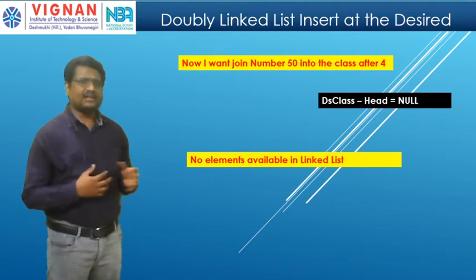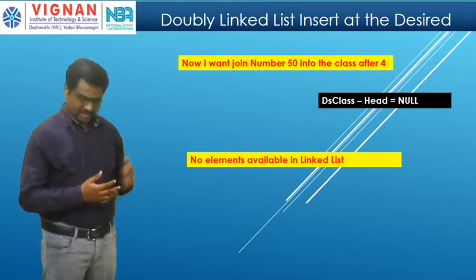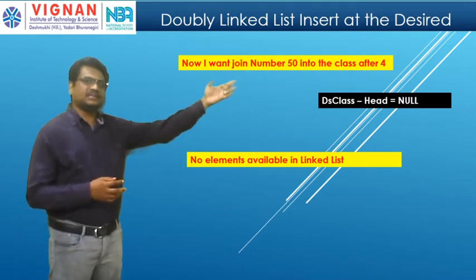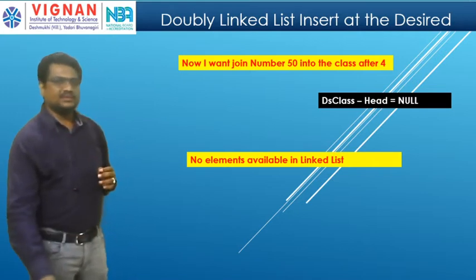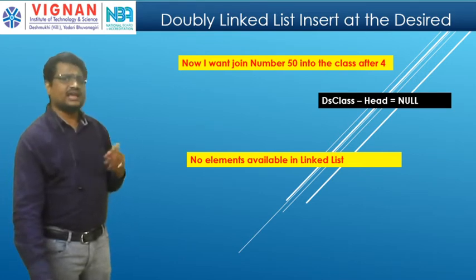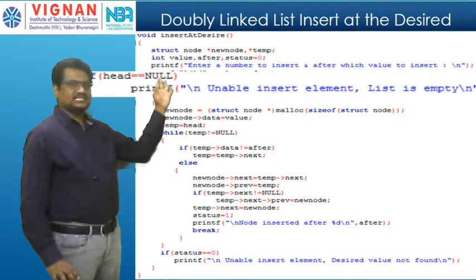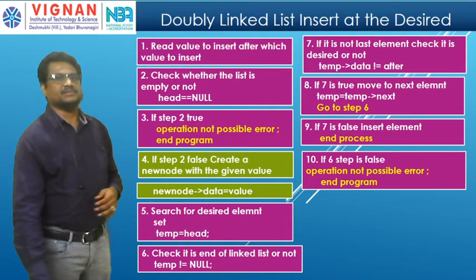If the head value is null, then the linked list is empty. Am I right? If no elements are available, then I have to show an error message and exit the program. See here, if head is null, then I will put an error message.